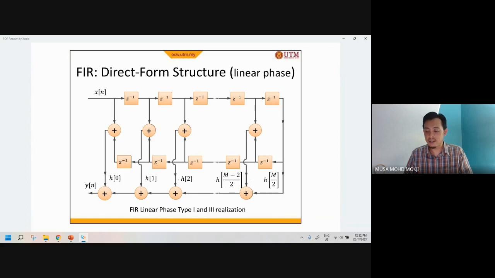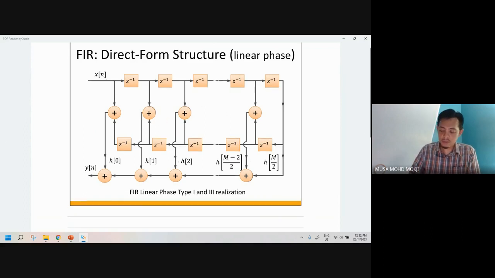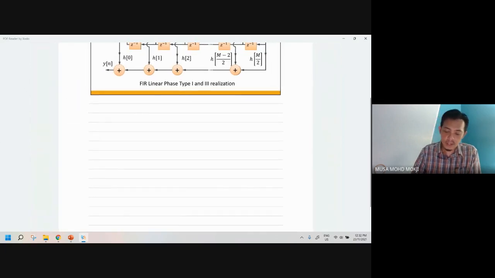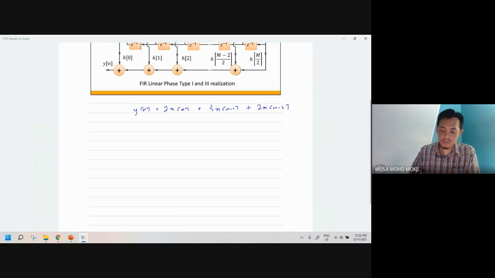But let's do one example on how we can draw this. We can draw this, or we can draw it in a different style. Let's say we have y[n] equals 2x[n] plus 3x[n minus 1], and then plus 2x[n minus 2]. Which type is this?